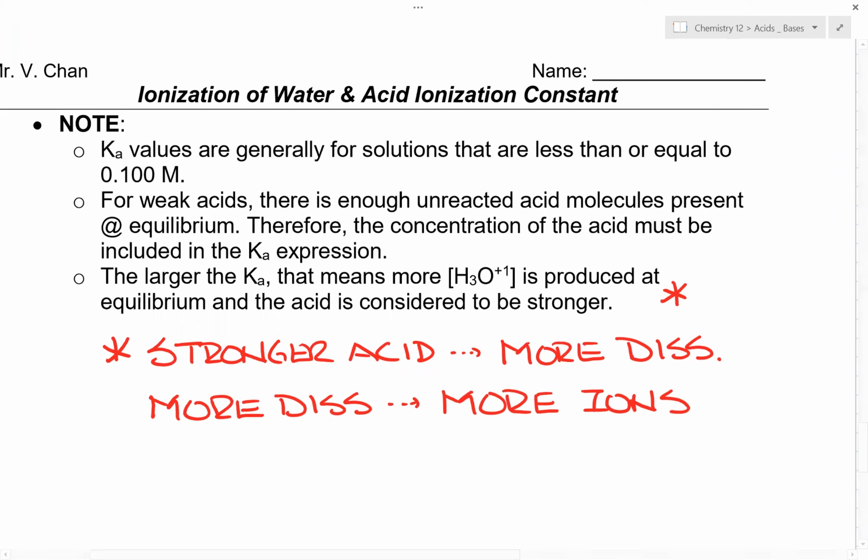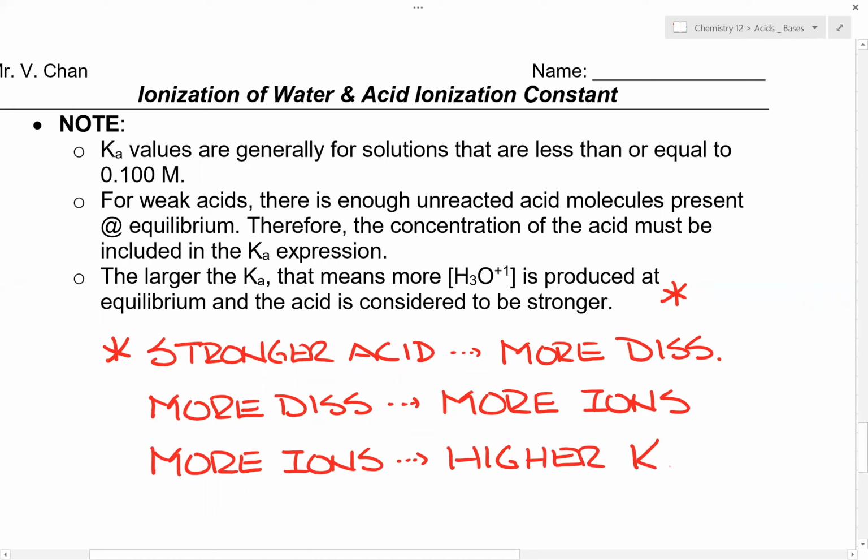And if you have more ions, what happens is you have a higher K value. In this case, Ka.